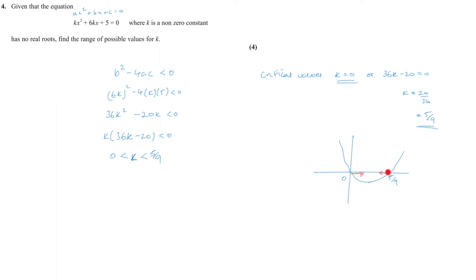Okay, this one's below, so this is the region I want. If it was above, I'd have this region and this region. Okay, quite straightforward, but there's just a couple of lessons for people to learn there.